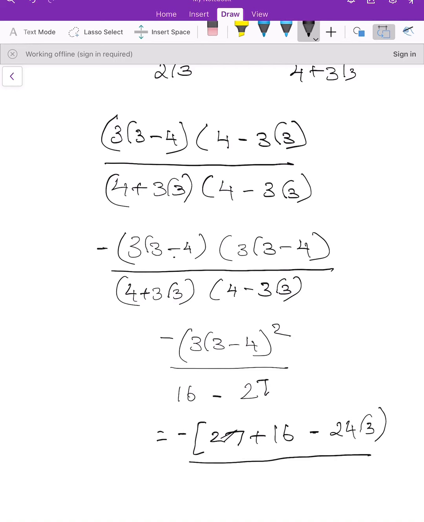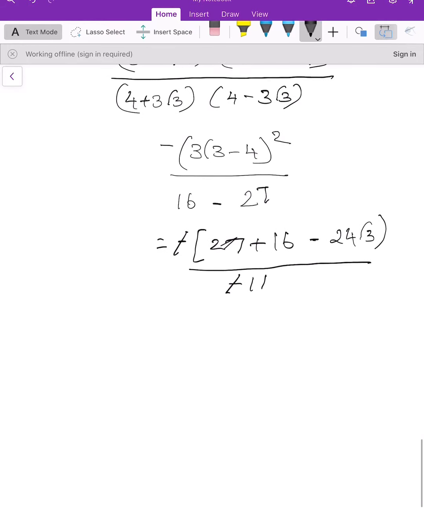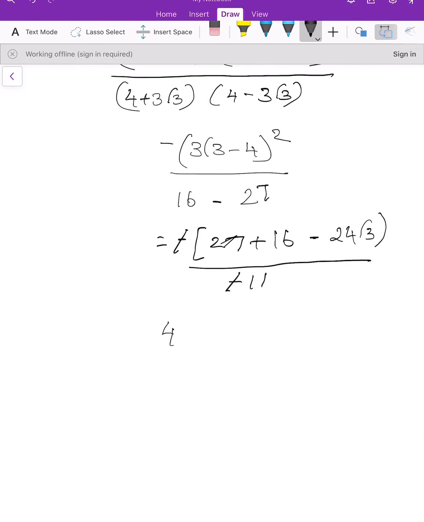The minus minus gets cancelled. 27 plus 16 is 43, so I write it as 43 minus 24 root 3 by 11.